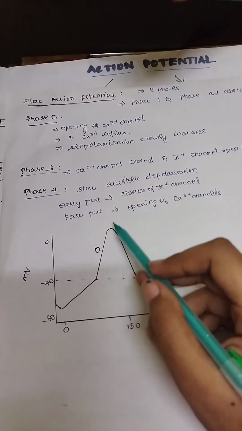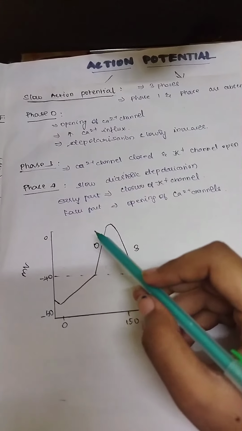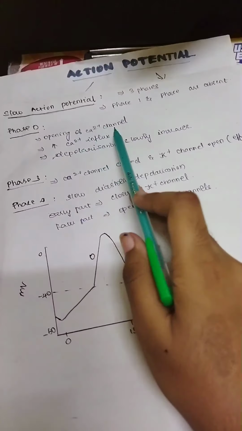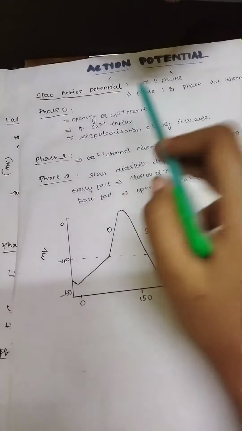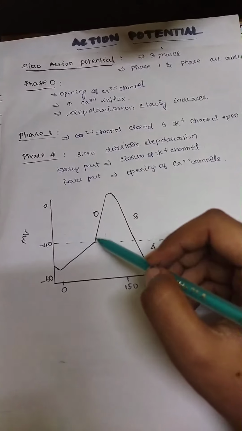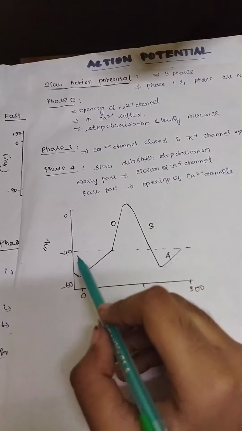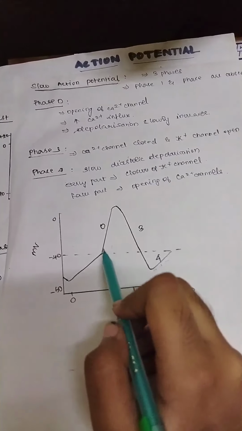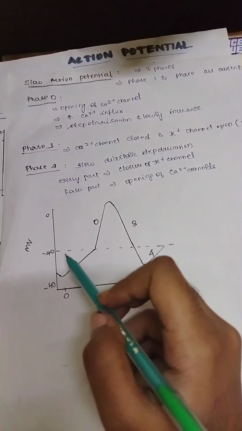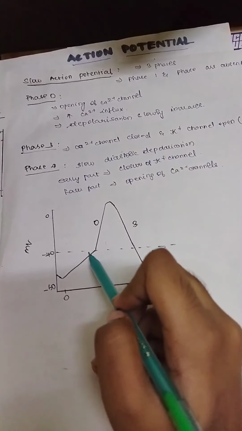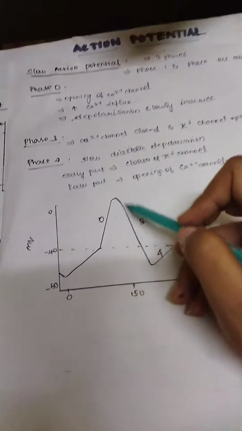This is the depolarization, and it is caused by calcium ions starting to influx. More calcium gets inside the myocardial cells, and it increases when the line reaches minus 40 millivolts.